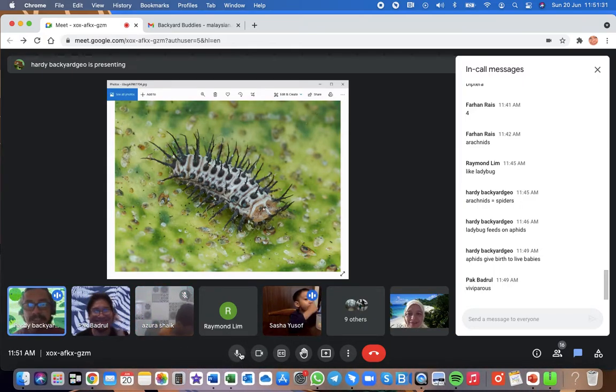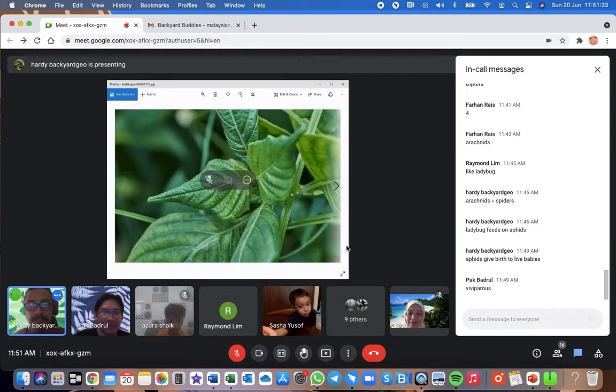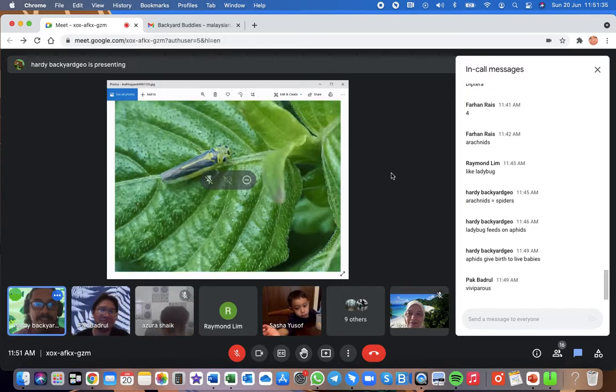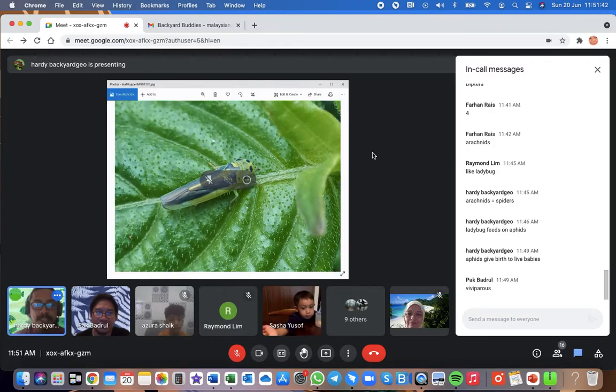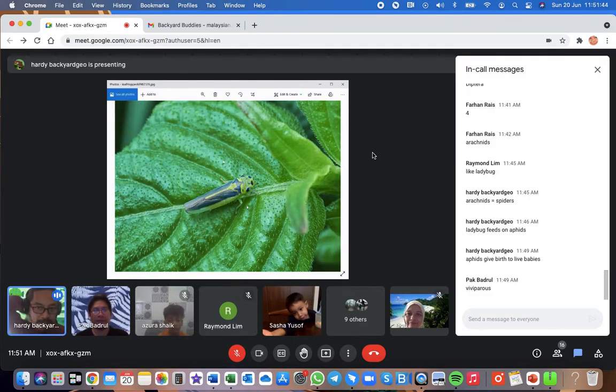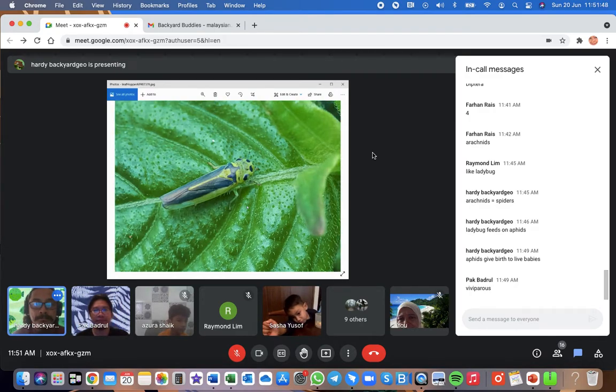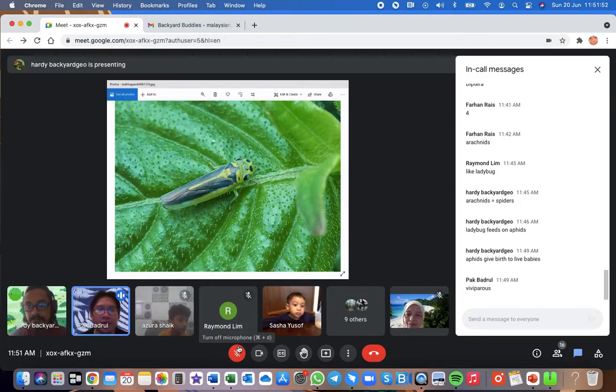Next one. This is very common but very tiny, about 5 millimeters in length. You find them almost everywhere in the garden. This is a leaf hopper. Is it part of the grasshopper family?